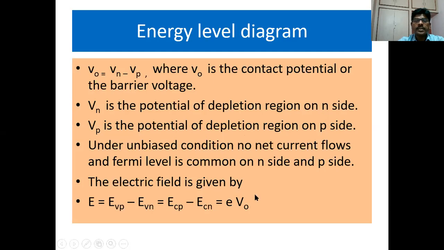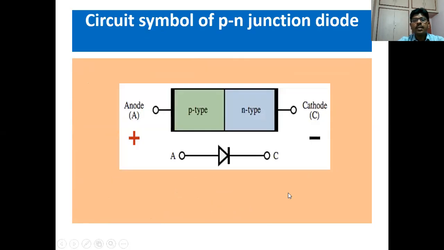The energy difference is given by eV0 is equal to EVP minus EVN, which is equal to ECP minus ECN, which is equal to e, the charge of the electron, into V0, where V0 is the contact potential or the barrier voltage. This shows you the circuit symbol of a PN junction diode.